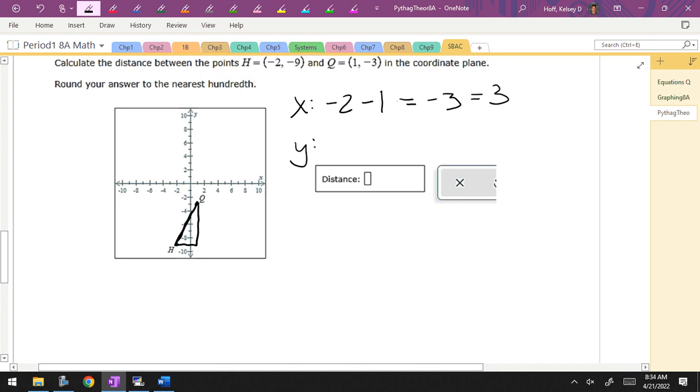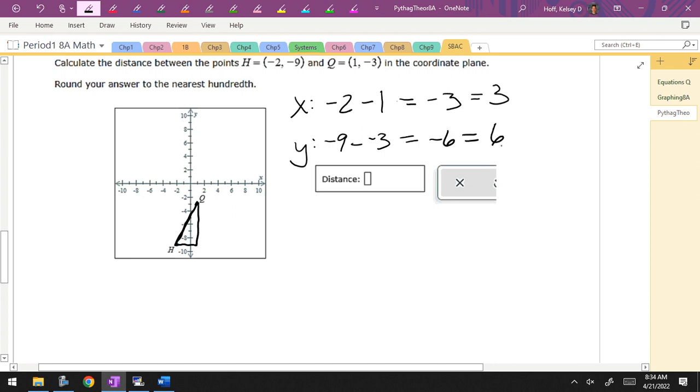So on y, I'm going to take -9 minus -3. And here's what I'm going to tell you. Put this in your calculator. Do not get this wrong because you mistyped something or you tried to do it in your head. -9 minus -3. -6. Do we want a negative?